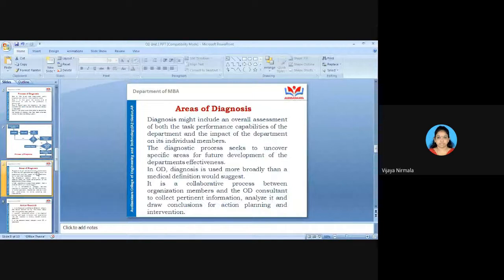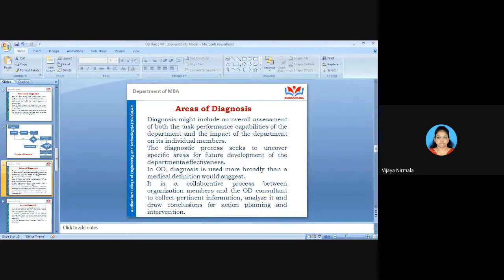Okay, let us move to the next topic, areas of diagnosis. Areas of diagnosis means the diagnosis might include the overall assessment of both the task performance capabilities of the department as well as the impact of the department on its individual members.